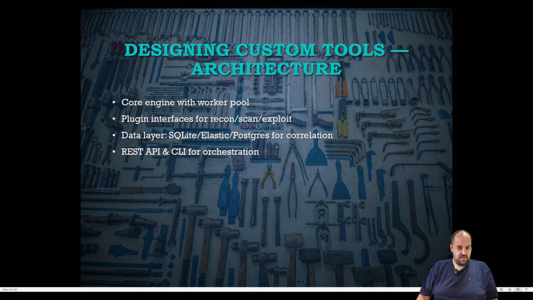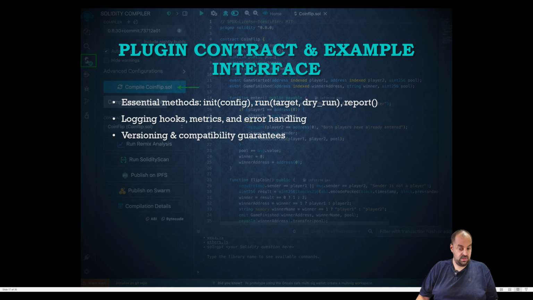To build a real tool, you need to think like a software engineer, and you need to separate the data layers, the plugins, the engine, and the API, so you can elaborate without breaking the tool. Every plugin needs to know how to communicate with the core, how to report, and how to run an instance.